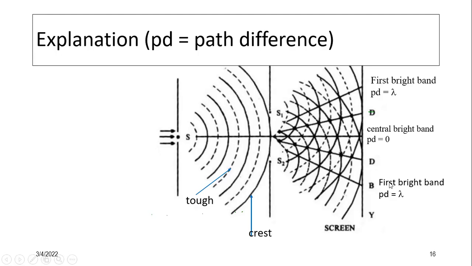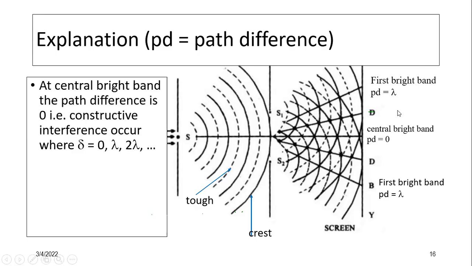Some maths will want to call the top positive and the bottom negative, but in physics we don't bother. There's a lambda here, a lambda there for the bright band, and the center bright band has path difference 0. That's your path difference. I use PD, or it can be delta. The next one will be 2 lambda there.